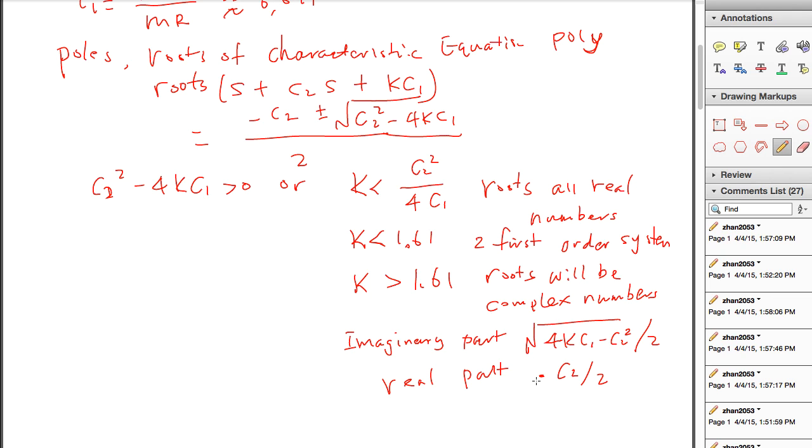So from here you will see the real part is always constant.